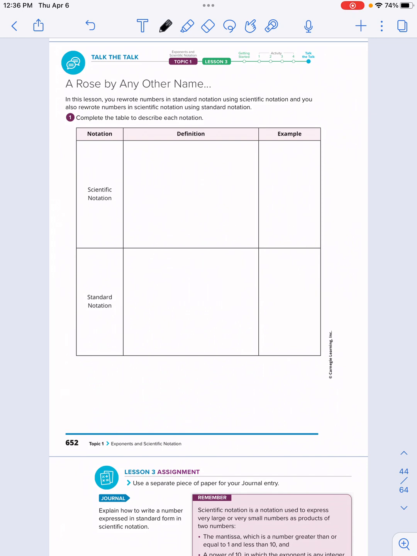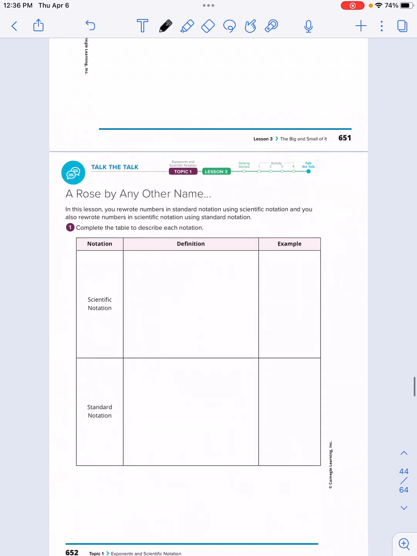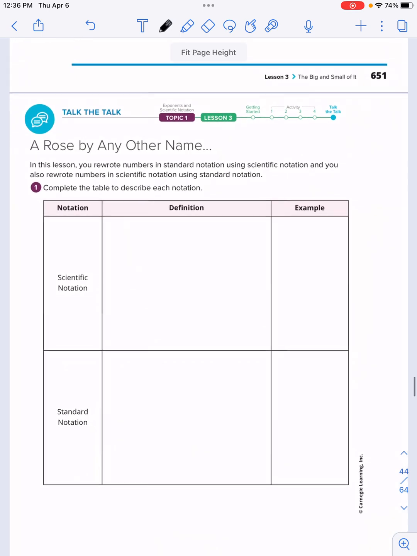Okay. All right, we're going to do a little bit of talk the talk. We're just describing a definition of scientific notation and an example. So scientific notation is a way to express a number as a product. So we're specifically using multiplication of a number between 1 and 10.